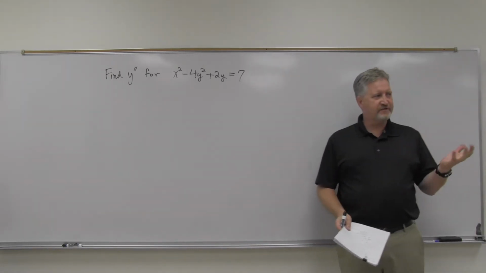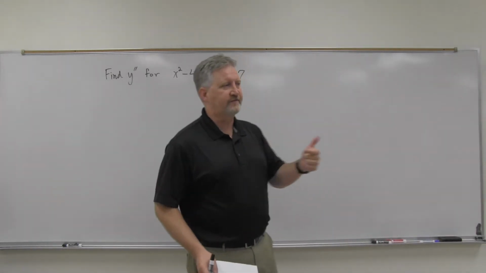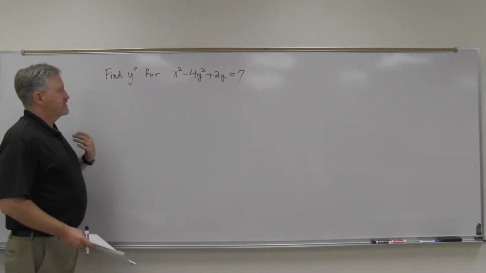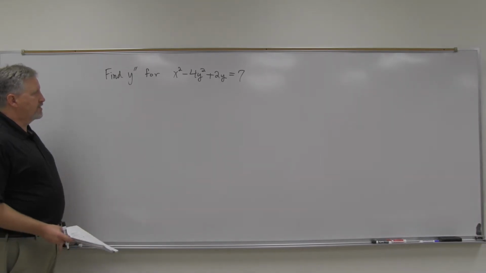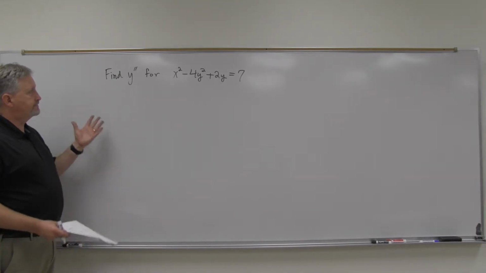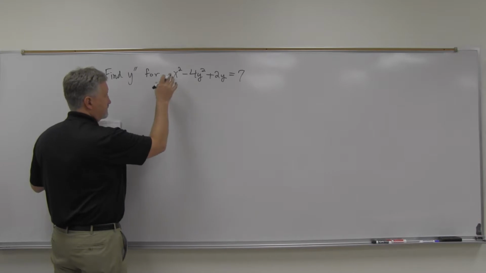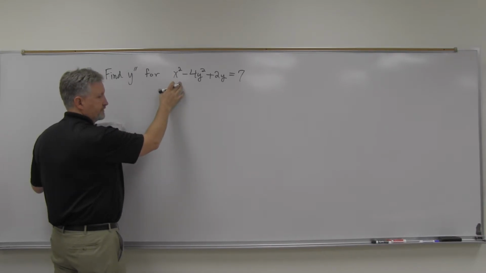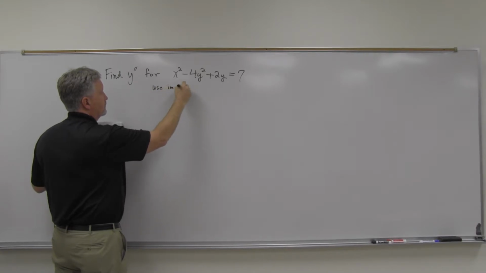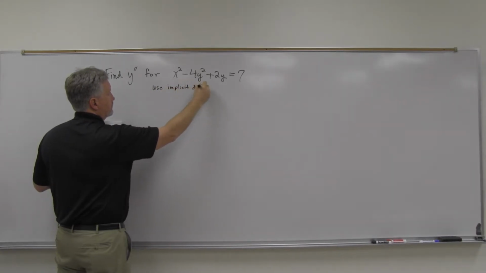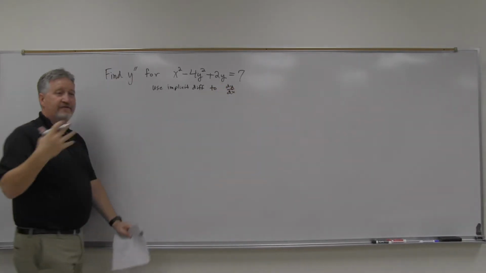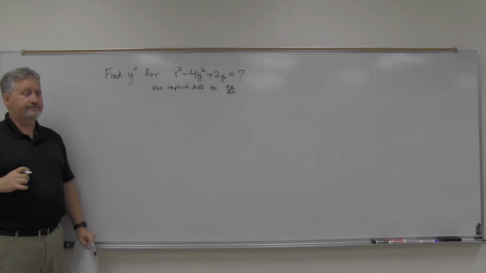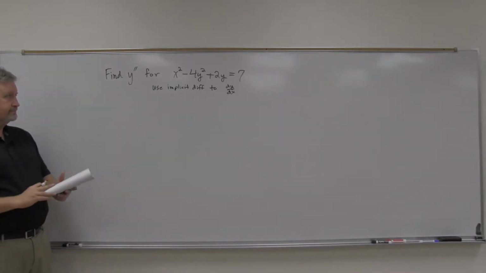So we're going to have to use implicit differentiation to first of all get the first derivative, which we've been calling dy over dx, but it's y prime, also known as there. So let's use our implicit differentiation to find dy over dx. And then that's the first derivative, and so the second derivative would just come right off of that.